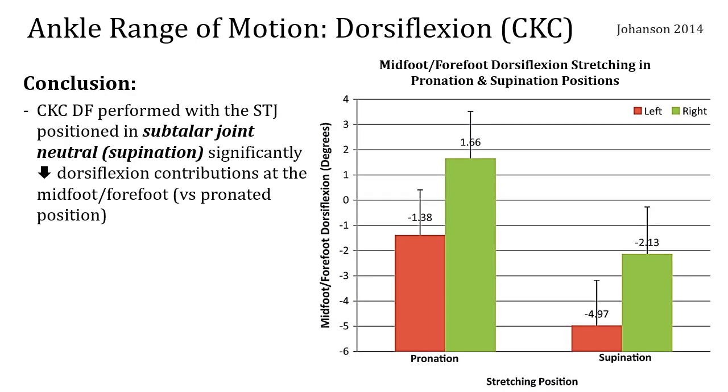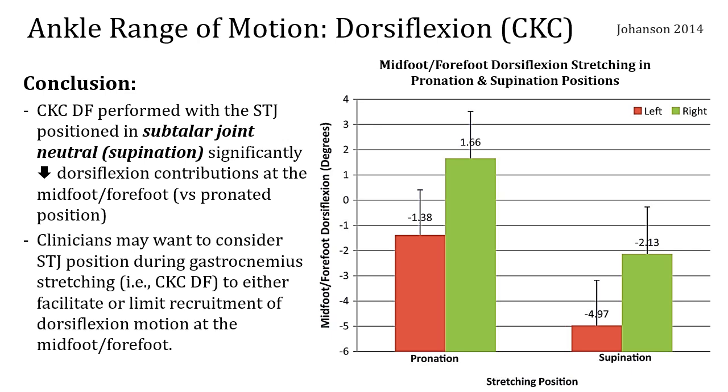The closed kinetic chain dorsiflexion performed with the subtalar joint in subtalar neutral supination significantly decreased the dorsiflexion contributions of the midfoot and forefoot versus the pronated position, and that is reflected in the laterality. The left limbs here were performed in a subtalar neutral position by giving a small domed piece of foam to support the arch.